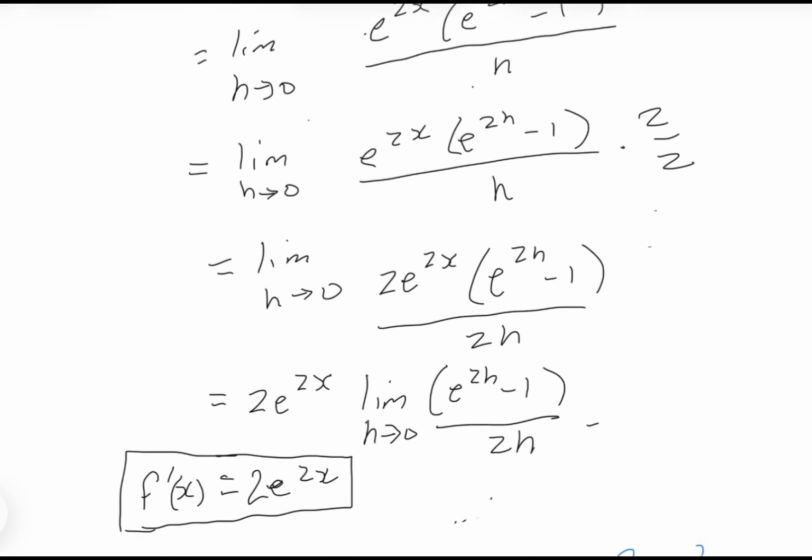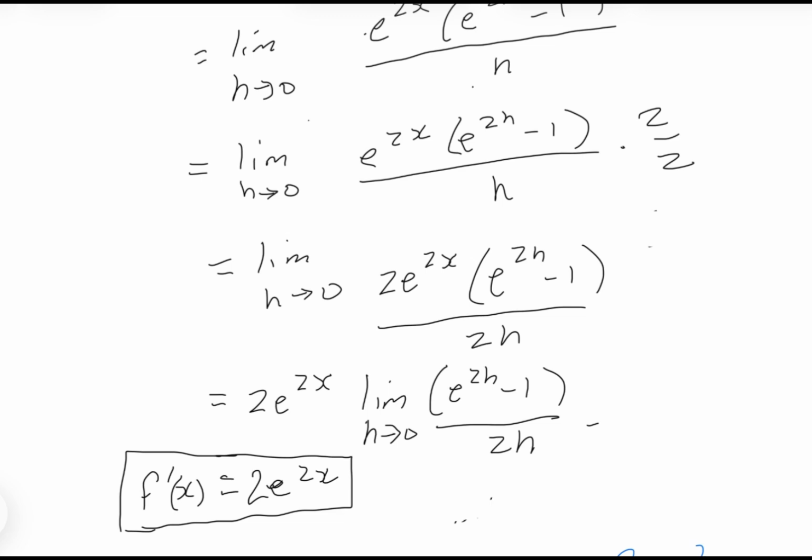So that's going to be the limit of 2e to the 2x times (e to the 2h minus 1) over 2h. So now we have a 2h at the bottom. And separating them, we have that being equal to e to the 2x times the limit as h approaches 0 of e to the 2h minus 1 all over 2h.